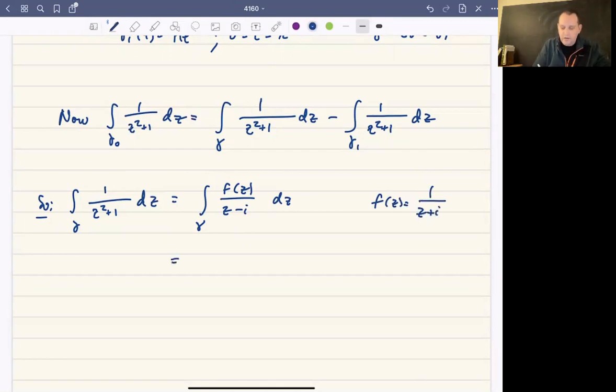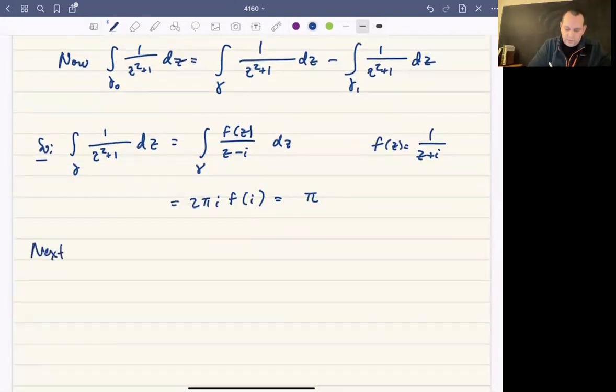Then we know by Cauchy's integral formula that this is going to be equal to 2 pi i times f of i. And f of i is going to be 1 over 2i, so that's going to be pi. So this integral over gamma evaluated to pi by Cauchy's integral formula.